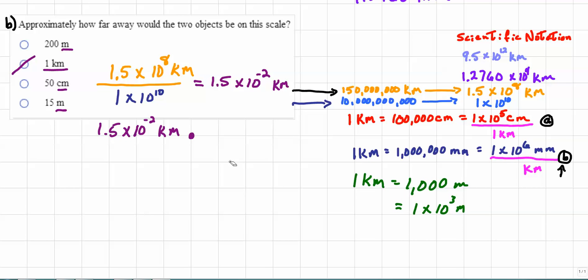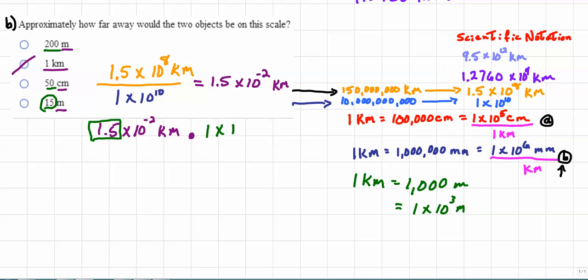So the conversion factor that we're looking for here is going to either convert it into meters or into centimeters. But one thing that I want to point out is you'll notice that there's a 1.5 here, and this particular value and this particular value do not match. However, this one does. And if I look at the conversion factor for meters, which is 1 times 10 to the 3rd meters, I'll bring that over here.